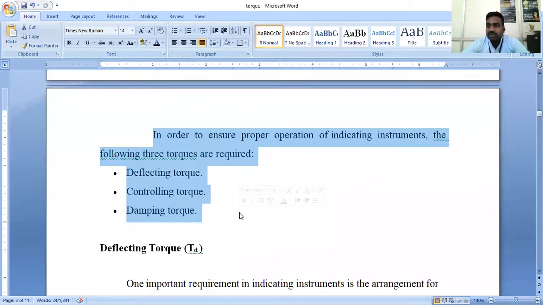So what is the definition of an indicating type instrument? An indicating type instrument reads the instantaneous value of an electrical quantity.